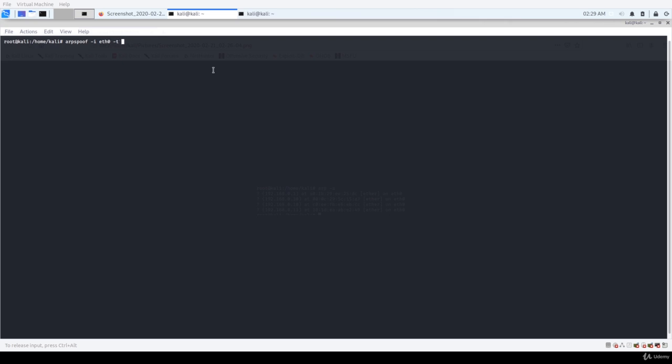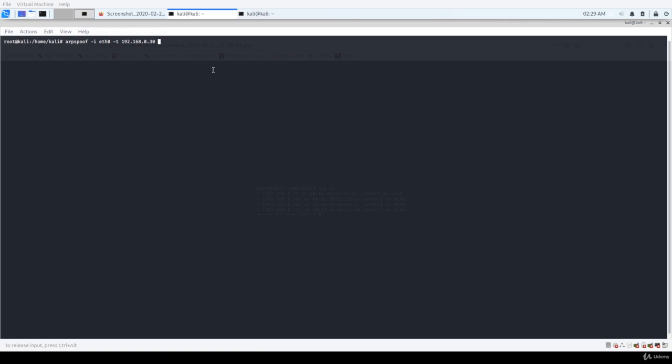Then I need to provide the target. Since we are targeting the victim machine, first we need to provide the IP address of the victim machine, 192.168.0.30, and then the device that we are pretending to be.